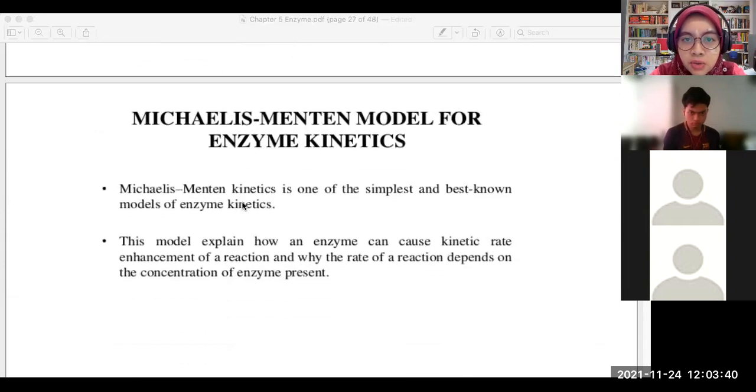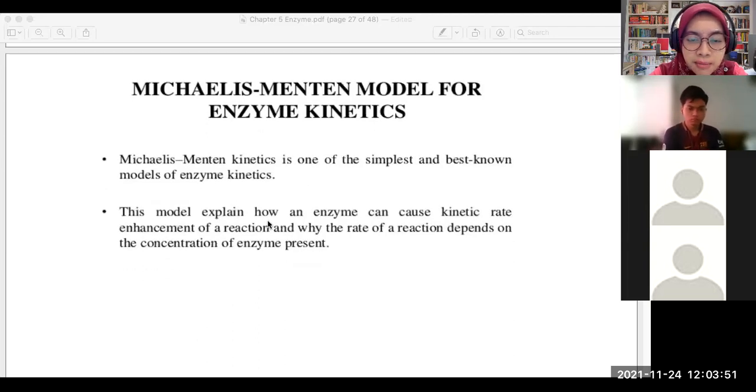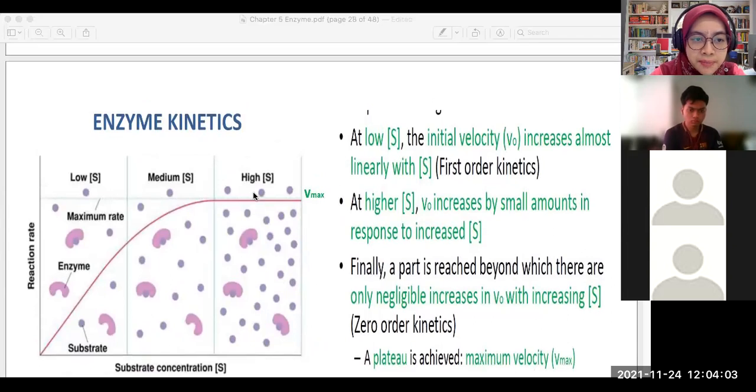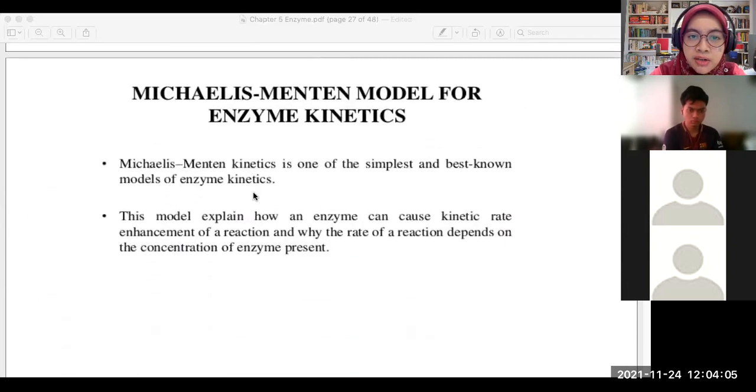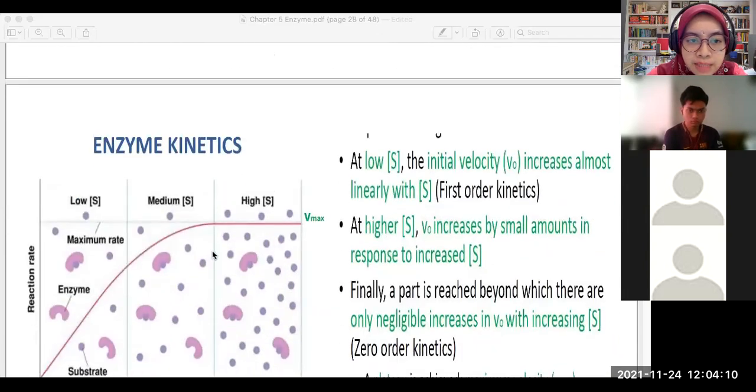All right, so the theory for us to understand enzyme kinetics is the Michaelis-Menten model. This model explains how an enzyme can cause kinetic rate enhancement of a reaction and why the rate of reaction depends on the concentration of enzyme present. In the Michaelis model of enzyme kinetics, the graph would be something like this.